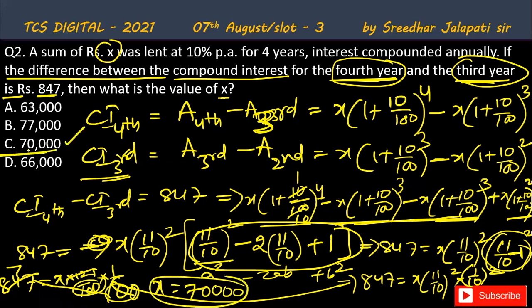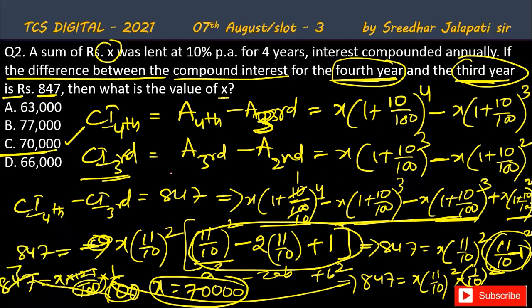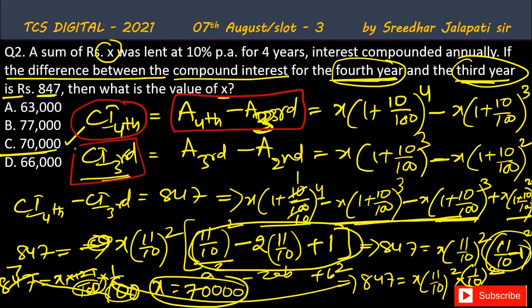That is option C. So to answer this question, this appears to be lengthy, but you need to understand the concept, that is compound interest for the fourth year is amount at the end of the fourth year minus amount at the end of the third year. Whereas compound interest for the third year is amount at the end of the third year minus amount at the end of the second year. We are given the difference between compound interest for the fourth year and third year.